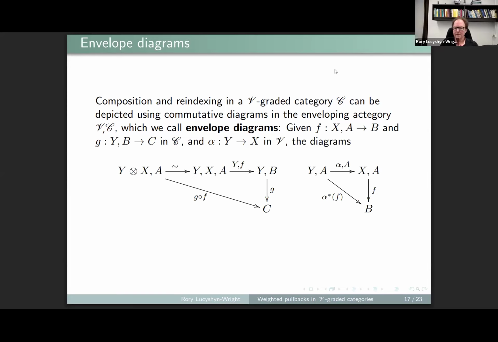On the left, we have a way of depicting composition of graded morphisms using a diagram in the enveloping actegory. And on the right, we have a way of depicting the reindexing alpha upper star of F as a composite in this larger actegory. And it can be quite convenient to calculate with these diagrams and also use them to represent and define various things in V-graded categories. We'll see examples of this in just a moment.